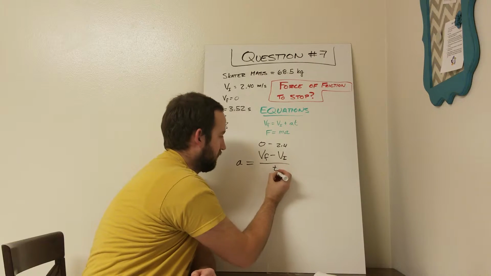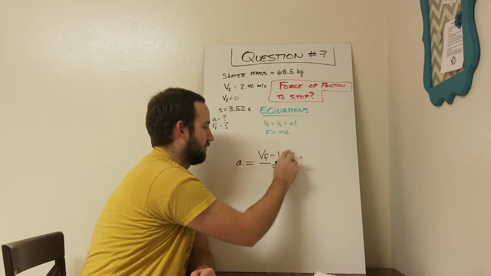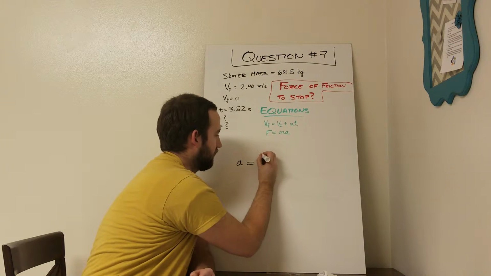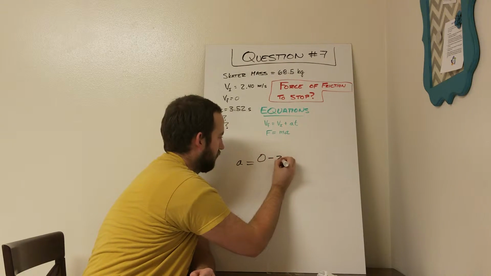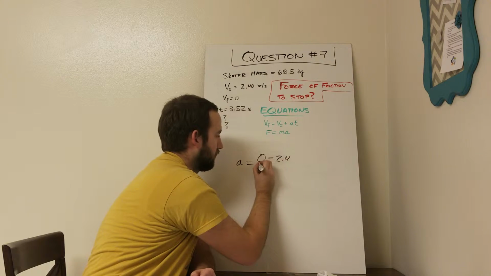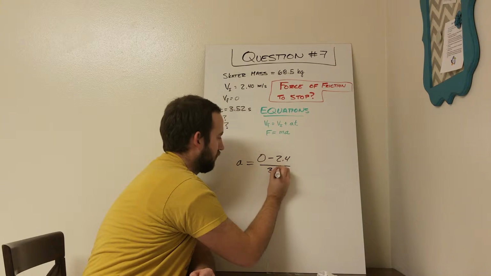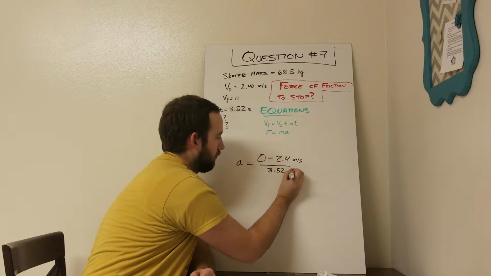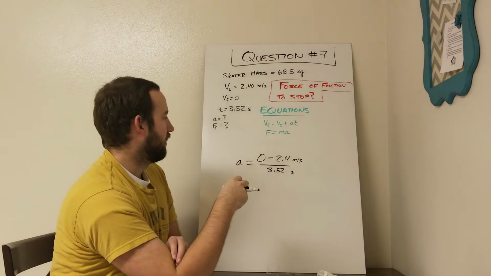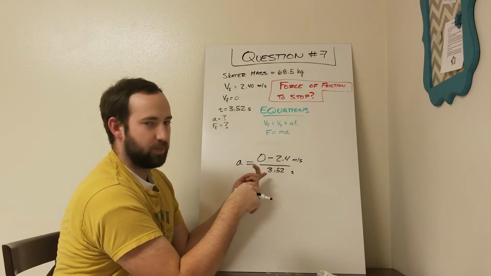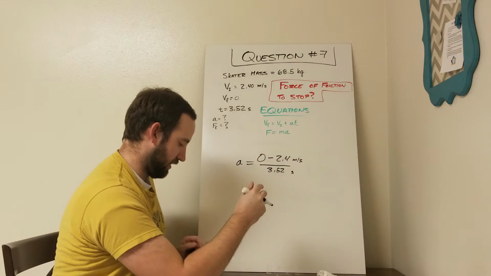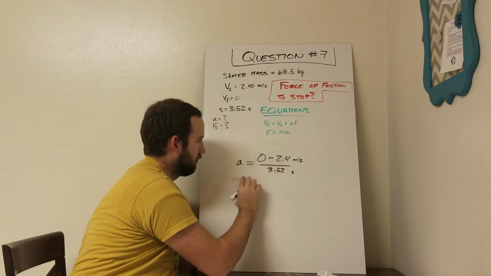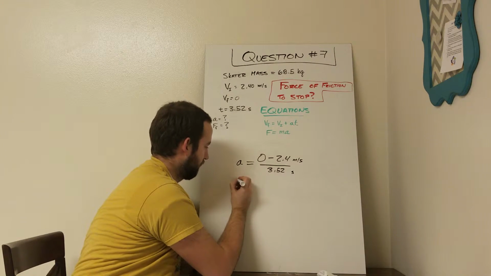And then the time, so we had 0 minus 2.4 over 3.52. Keep our units in there. So when we punch this into the calculator, we end up with negative 0.68 meters per second squared.